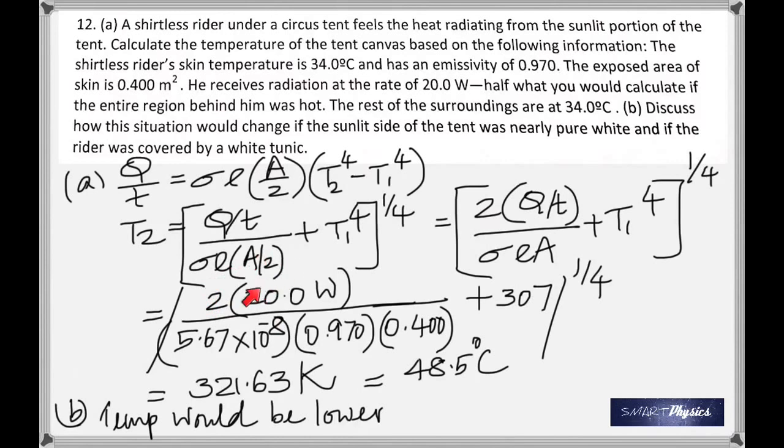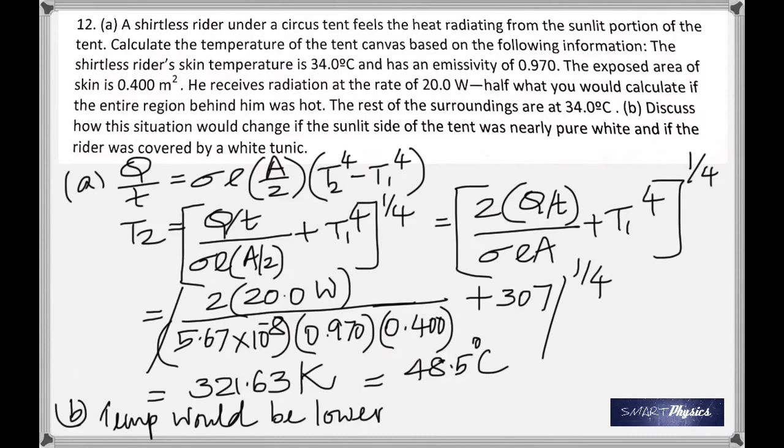So it's 20 watts is Q by T, sigma, you have E, emissivity, and you have the area, plus 307. Remember that temperatures have to be in Kelvin. 307, that is 34 degrees Celsius, surrounding temperature. When you do all that and calculate, you get 321.63 Kelvin, which is 48.5 degrees Celsius.